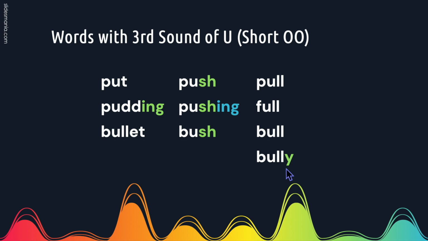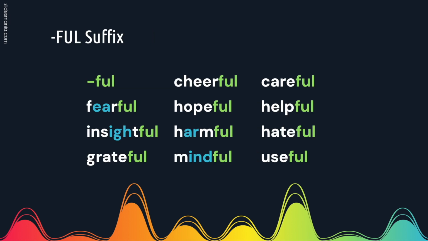Remember that a Y at the end of a longer word usually has a long E sound. One of the most common places that this third sound of U is used is the suffix full. Cheerful, careful. EA says E in this word. Fearful, hopeful, helpful.